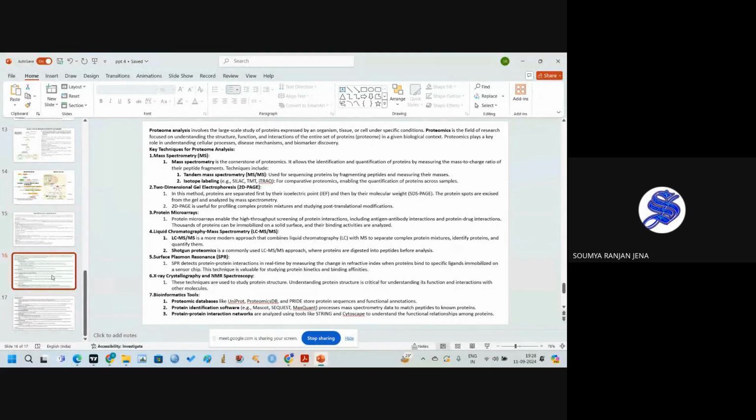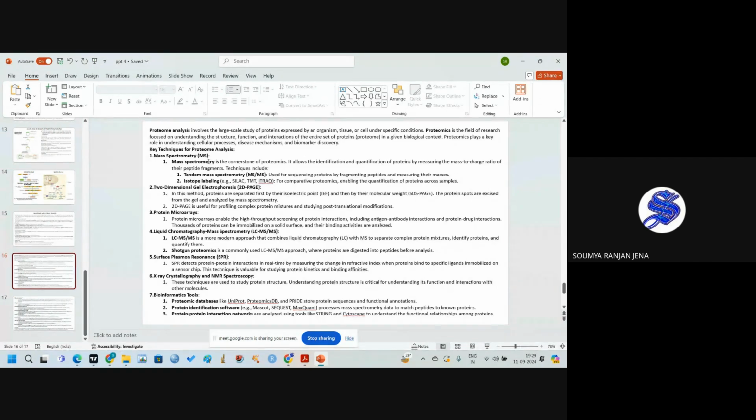Proteomics is the field of research focused on understanding the structure, function, and interaction of the entire set of the proteome, all the proteins in a given biological context. Proteomics plays a key role in understanding cellular processes, disease mechanisms, and also biomarker discovery.